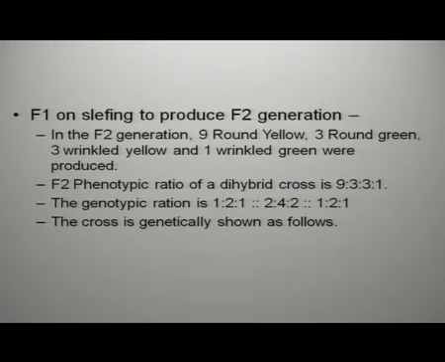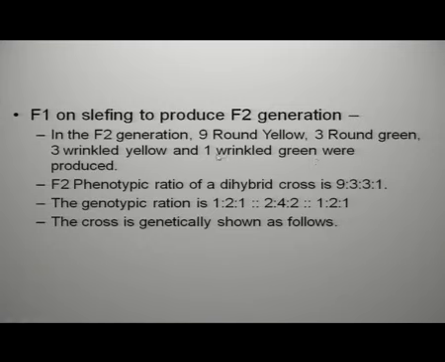Mendel observed 9 progenies round yellow in phenotype, 3 progenies round green, 3 progenies wrinkled yellow, and 1 wrinkled green.